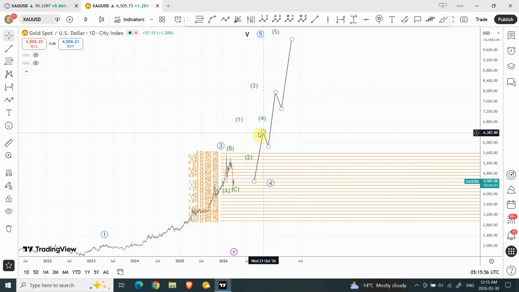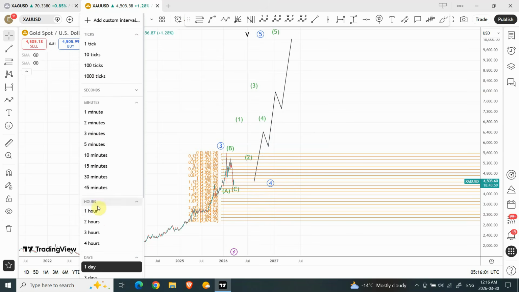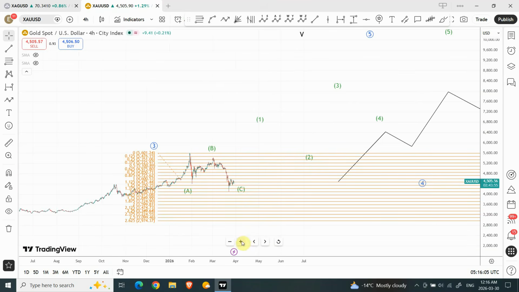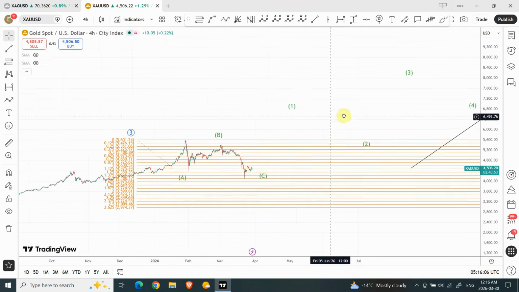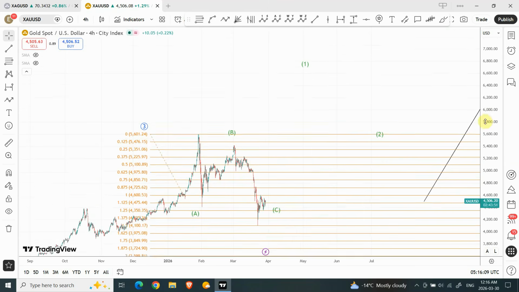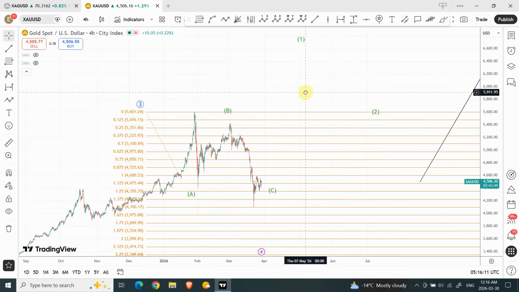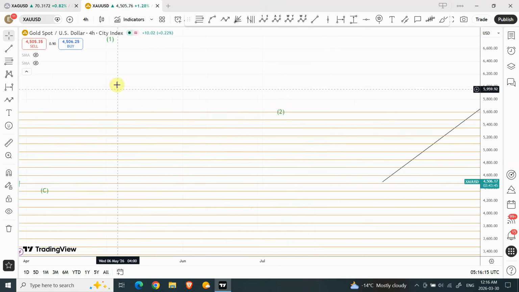That is very important. But we are looking at a daily time frame chart, so we can definitely look at a 4 hourly chart right here. So we need to understand that we have important data points here as well.